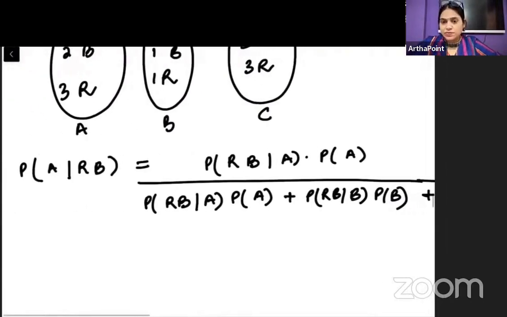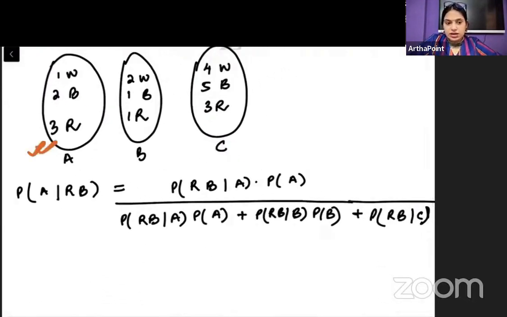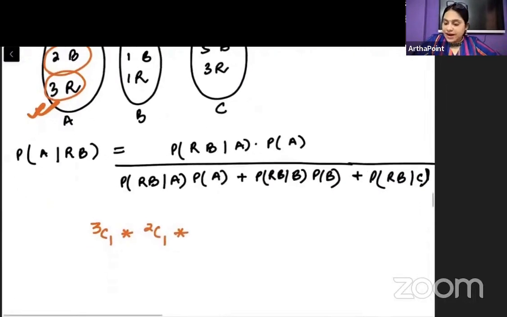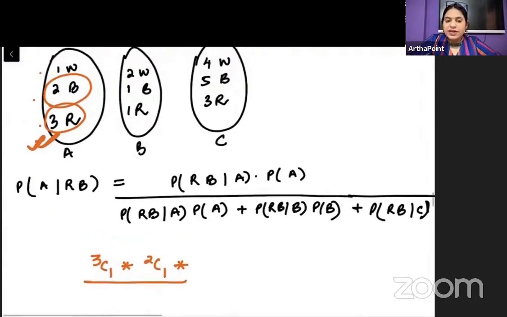Just use Bayes theorem. Let us look into urn A. If you are in urn A, what is the probability of choosing 1 red and 1 black ball? Red balls are 3, so 1 red means out of 3 you have to choose 1. And 1 black means out of 2 you have to choose 1. Divided by how many total balls are there? 3, 4, 5, and 6.